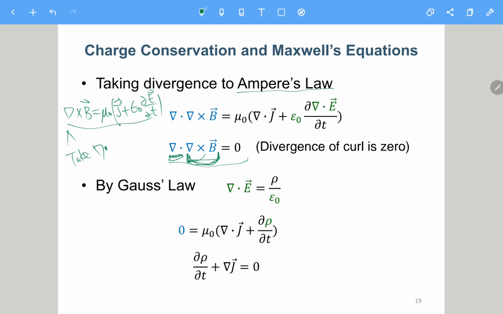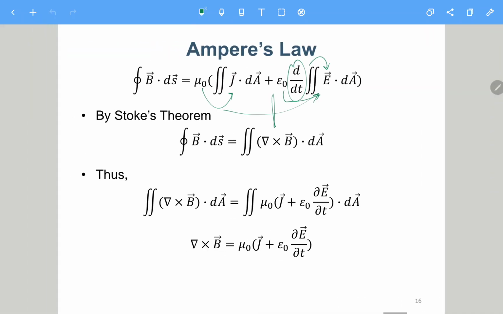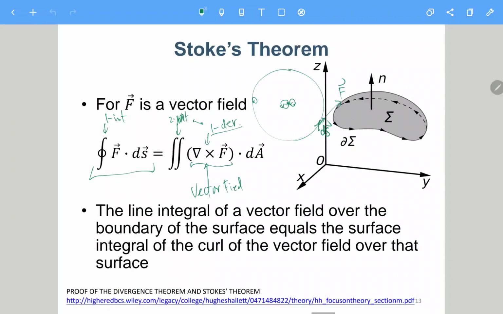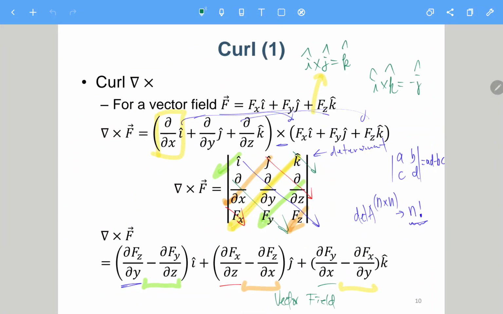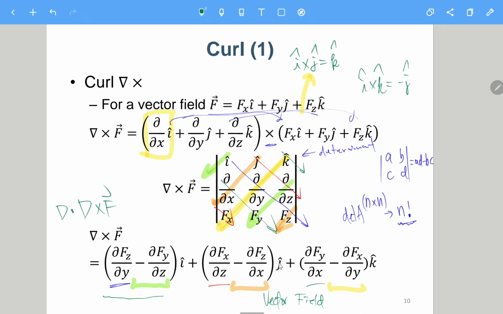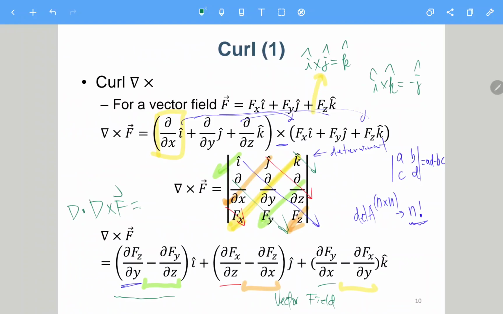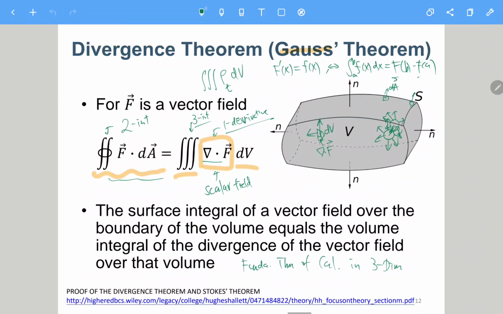You will get second derivative terms, such as partial x partial y and partial x partial z, and finally they form three pairs, and all these pairs cancel each other and turn out to be 0. You can just use the definition to derive it. It is pretty easy.